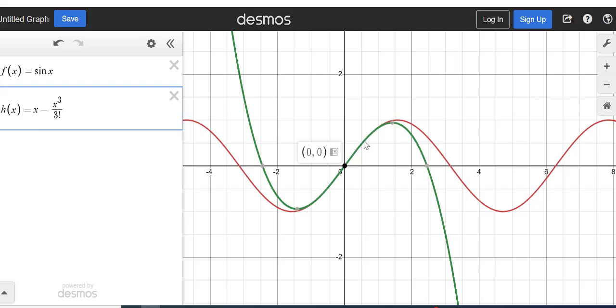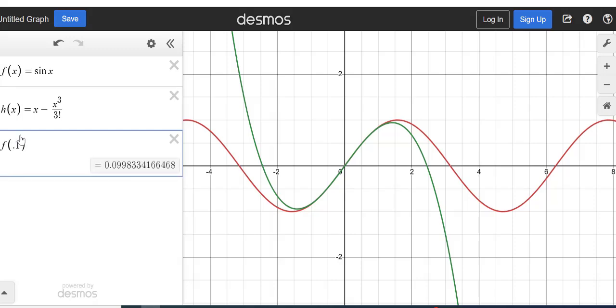And what you might notice also is that the red and the green curve are really, really close together between 0 and maybe 1. So for example, f of 0.1 and h of 0.1, that's what I named my functions, as decimals are accurate to, what is that, 1, 2, 3, 4, 5, 6 places already.